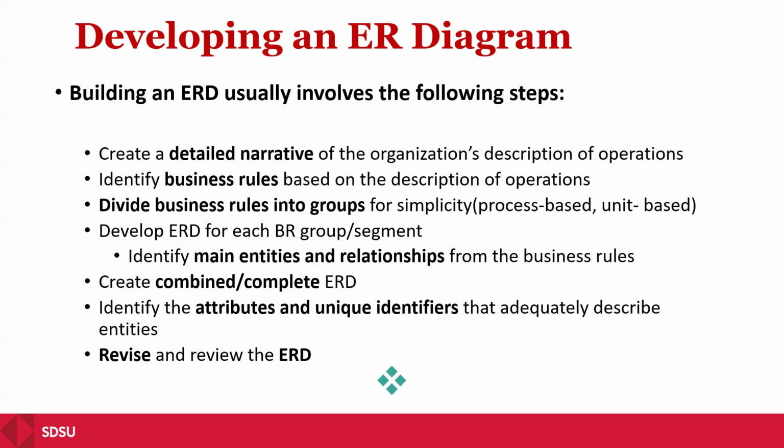It's a very important step because as we work on different groups of requirements, we can miss something when we combine those requirements together. So reviewing your ERD is very good proof that your diagram is correct.